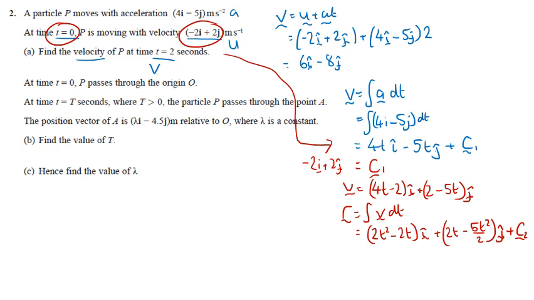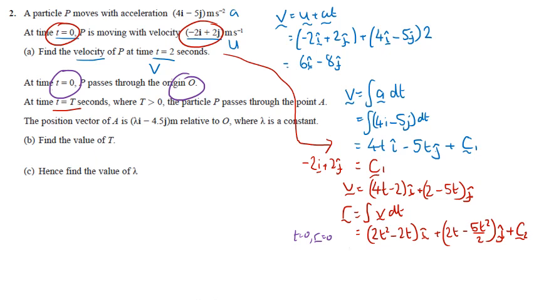So what else do we know? Well, we're now told that when t is equal to uppercase T, well, hold on, first of all, sorry, we use this piece of information. So when t is equal to 0, it passes through the origin. Okay, so we've got t equals 0 when r is equal to 0.